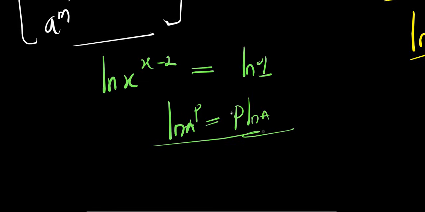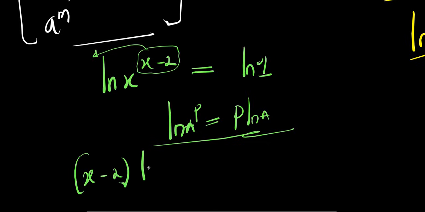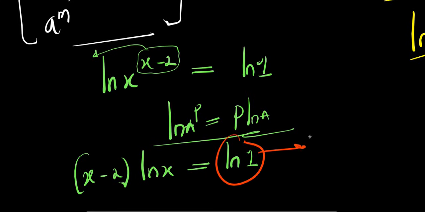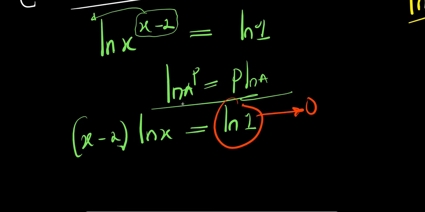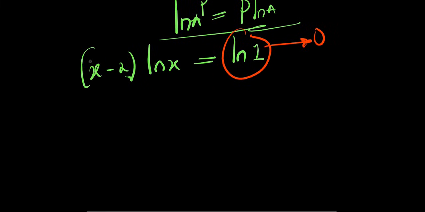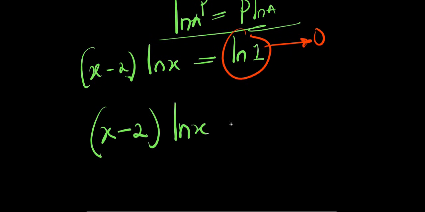So this x minus 2 will come behind, giving x minus 2 times natural log x equals natural log 1. What I want you to note is that the natural log of 1 is 0. So you have x minus 2 times natural log of x equals 0.